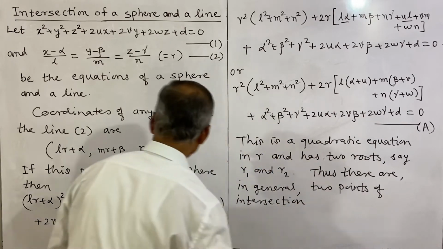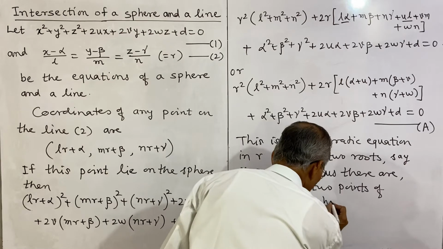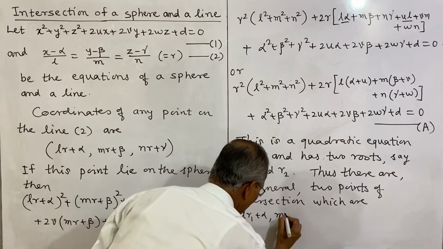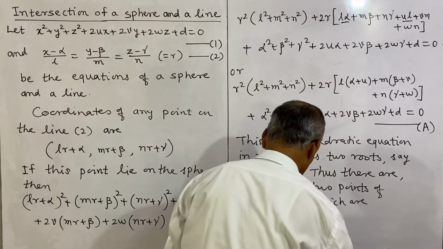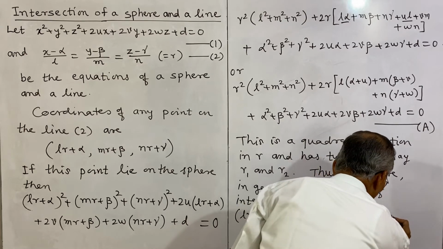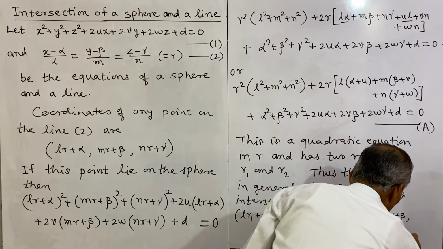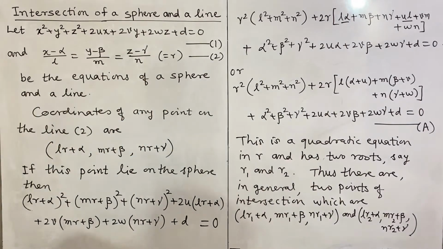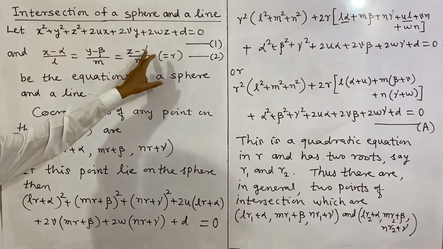Putting R as R1: L R1 plus alpha, M R1 plus beta, N R1 plus gamma; and the second point is L R2 plus alpha, M R2 plus beta, and N R2 plus gamma.